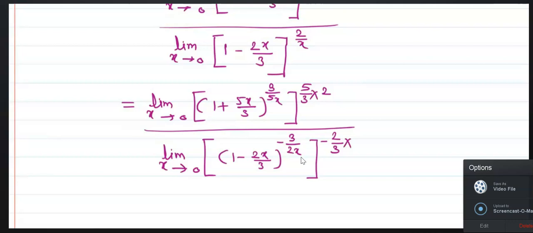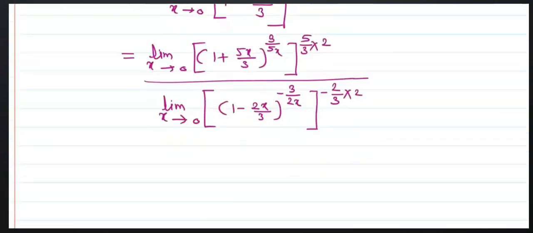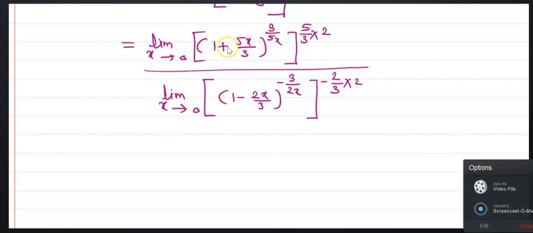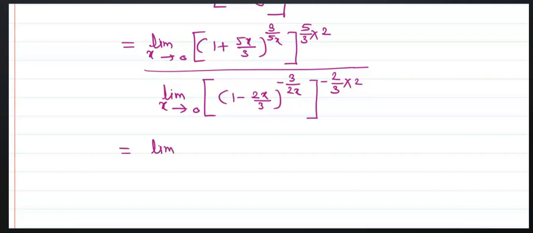The next terms we have to balance: minus 3 upon 2 is balanced by minus 2 upon 3, into 2. Now the value of this limit is e, e raised to minus 4 upon 3.